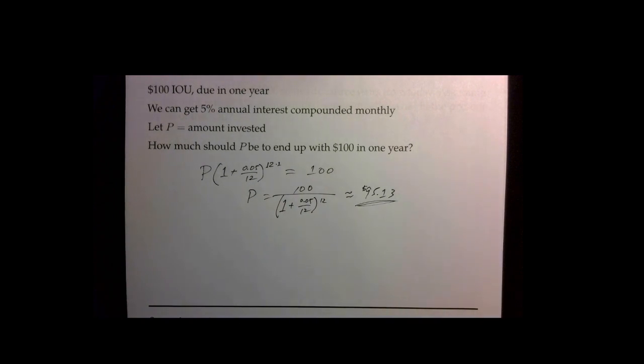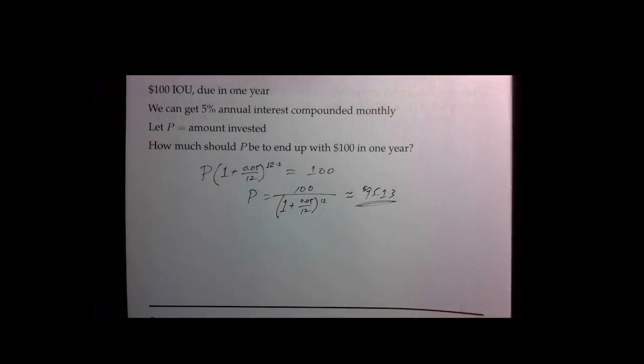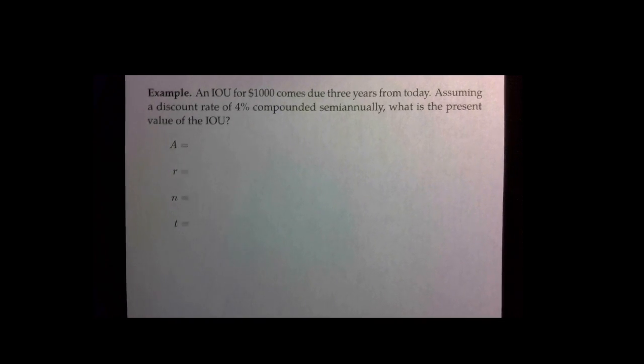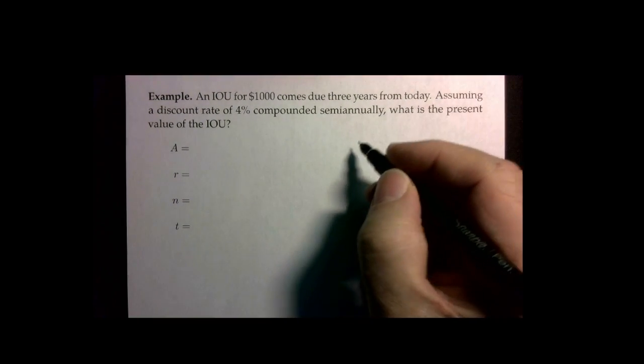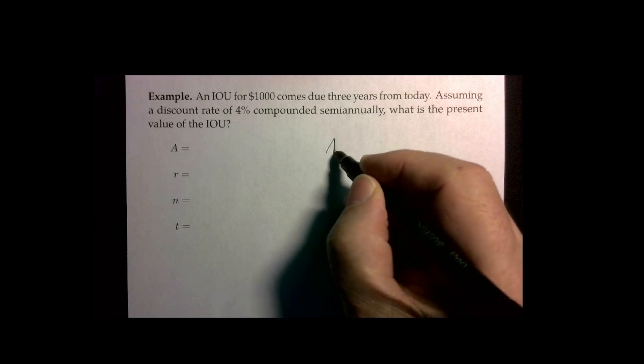Okay, so let's do an example where we use that formula. Here we go. We have an IOU for $1,000, which comes due 3 years from today. Assuming a discount rate of 4% compounded semi-annually, what is the present value of the IOU? So here's the formula, remember.